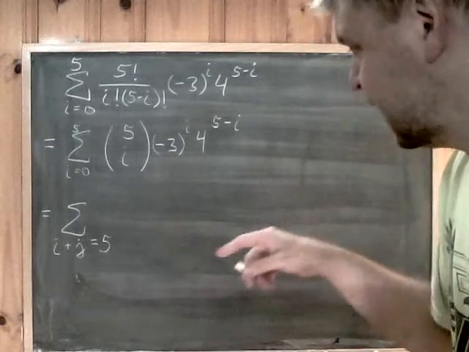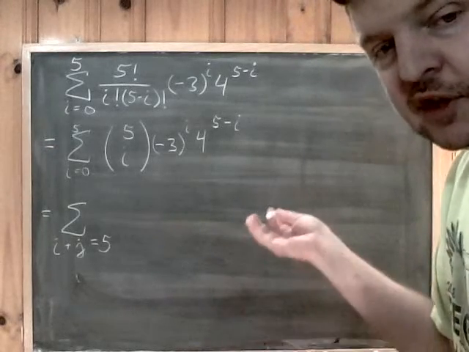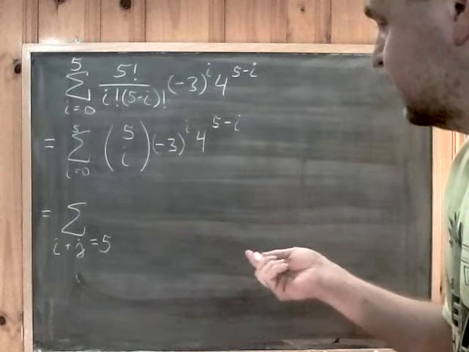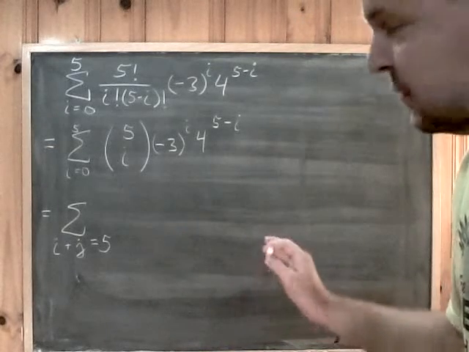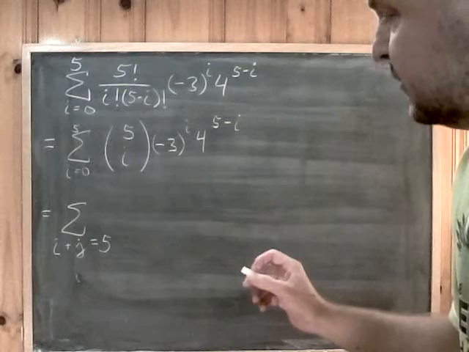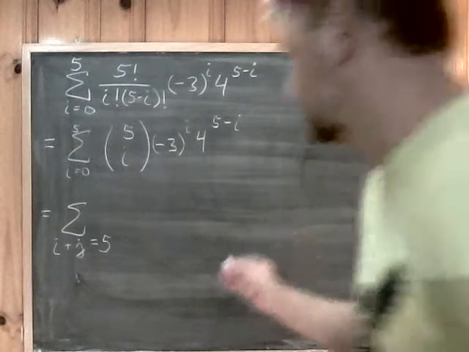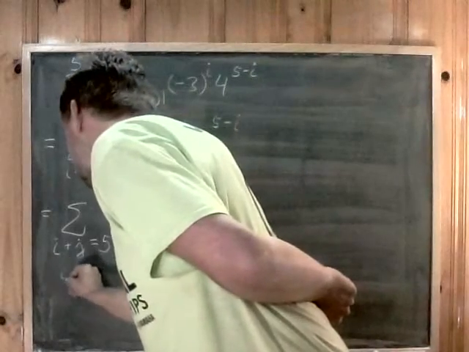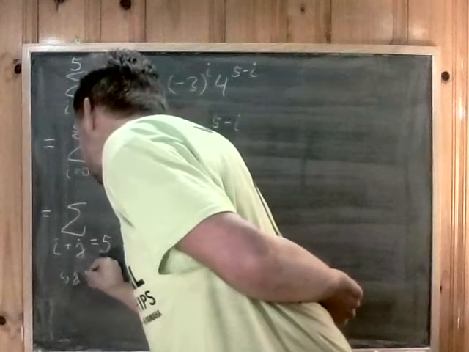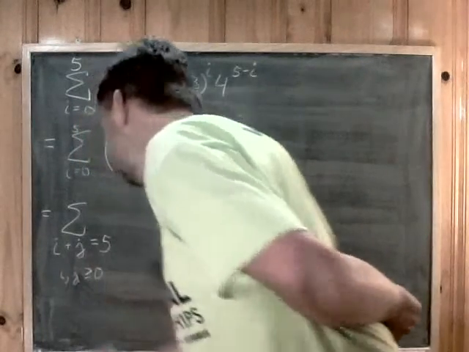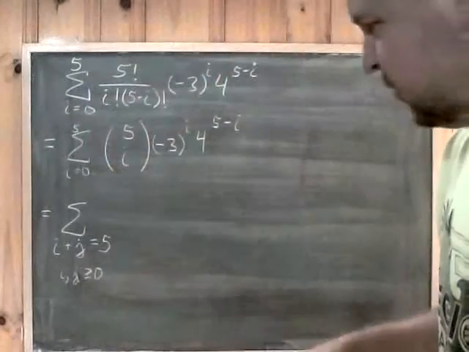But this way says i plus j equals 5 underneath, nothing on top. And you really should say as well that i and j are both greater than or equal to 0.